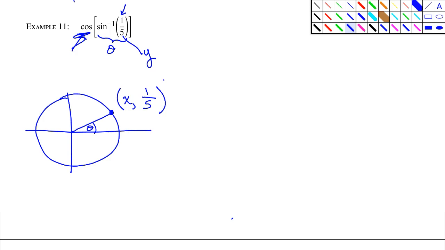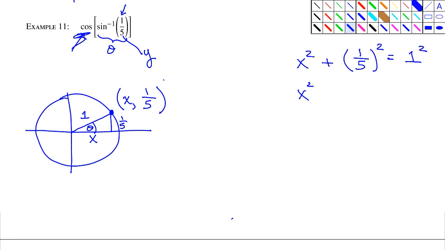So I'm going to go over here and let's do the Pythagorean theorem. I'm going to set this up as x, 1/5, and the hypotenuse to be a 1. Let me show you how that works. So we get x squared plus 1/5 squared is equal to 1 squared.